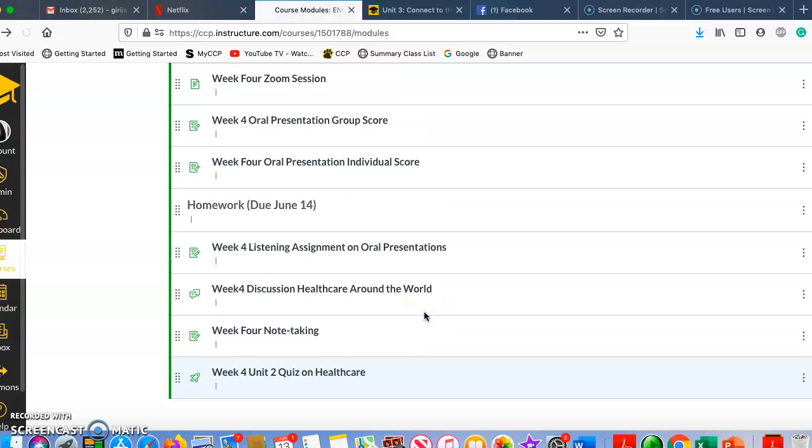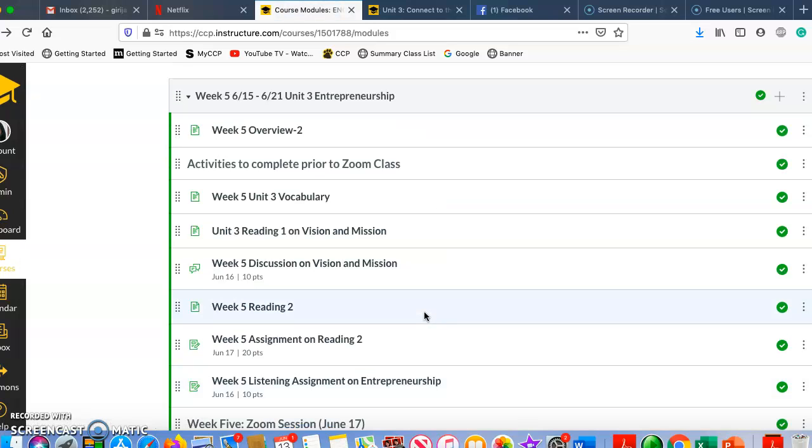So once again, there are a couple things you need to finish before we meet on Wednesday. Go through the vocabulary, read this first article on vision and mission, post your own response before our class. I think you have time until Tuesday night to do this.